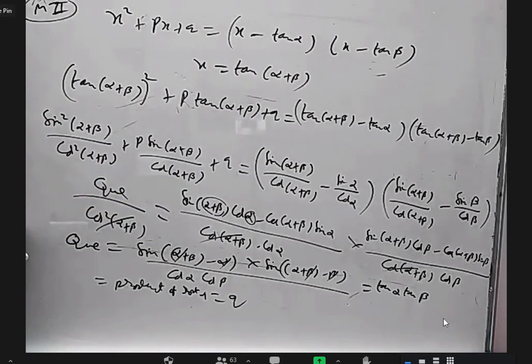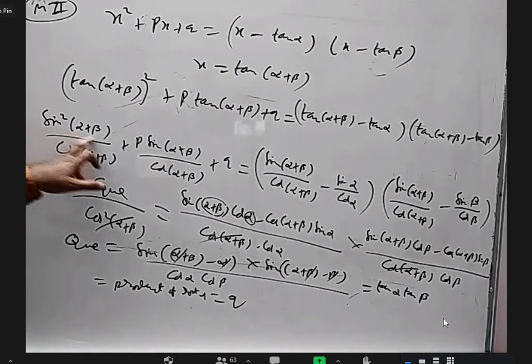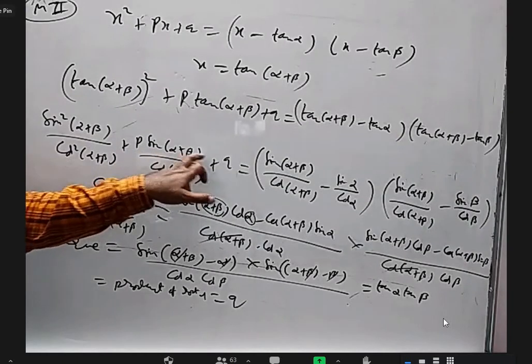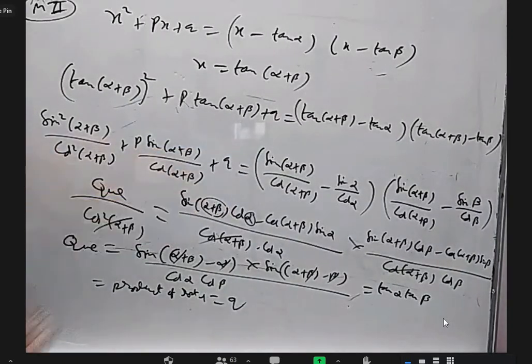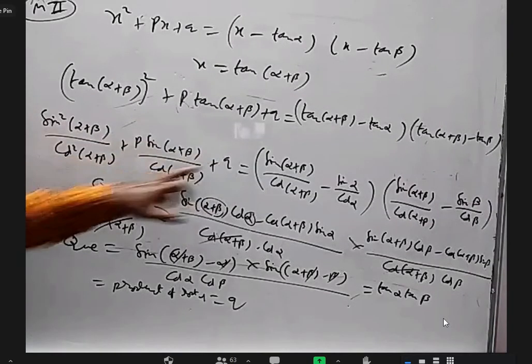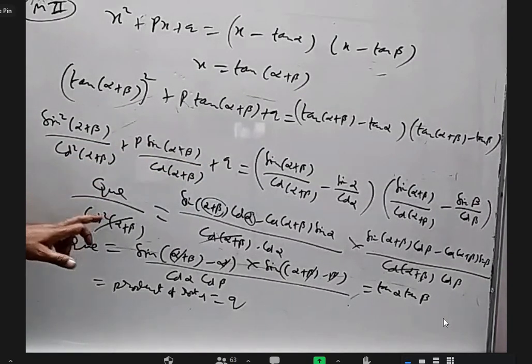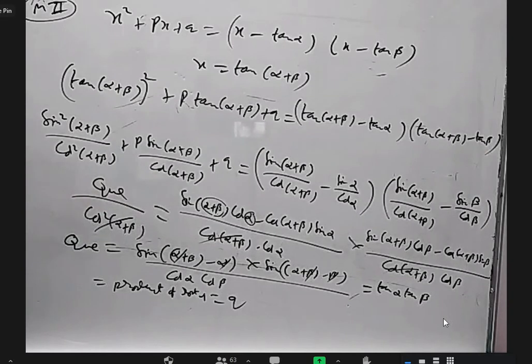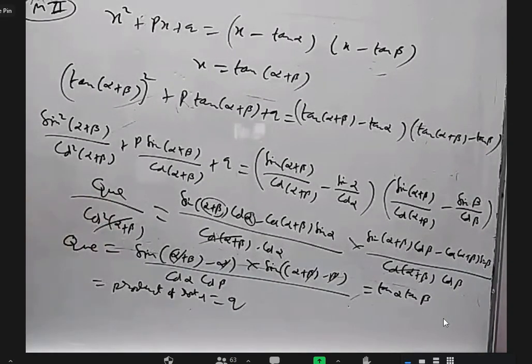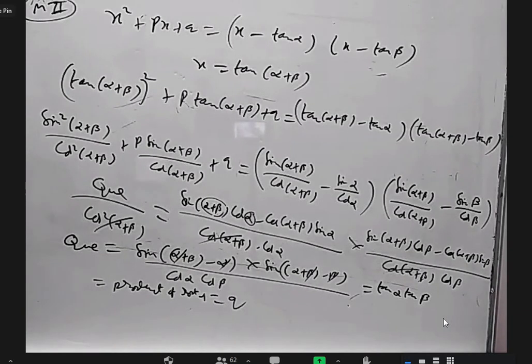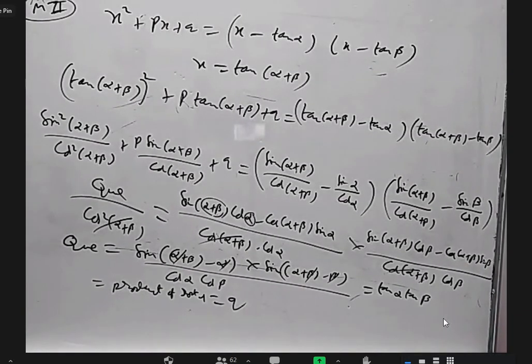Sin²(α+β) plus p sin(α+β) cos(α+β) plus q cos²(α+β). I don't want to write such a big expression, so I wrote question. They asked us to show a particular expression equal to q. That particular expression I am calling question. Is it okay? Okay, sir. Understood, sir.